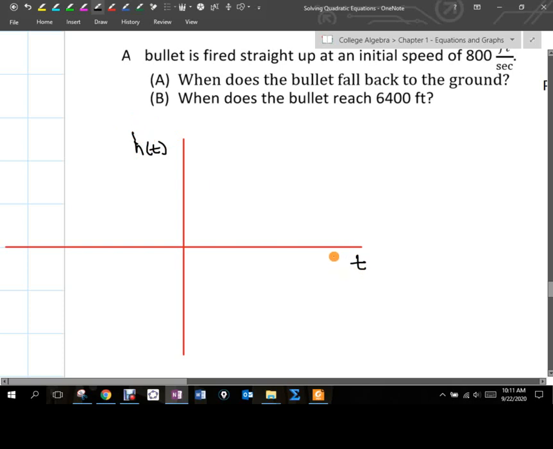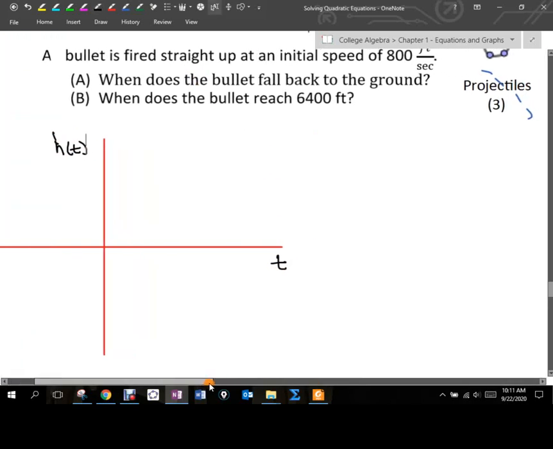We talked that we have this general formula for finding the position of a projectile at a certain time. That formula is h of t is equal to negative 16t squared plus v sub naught t plus h sub naught.